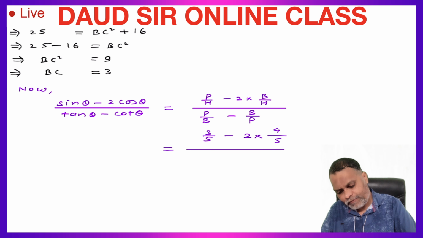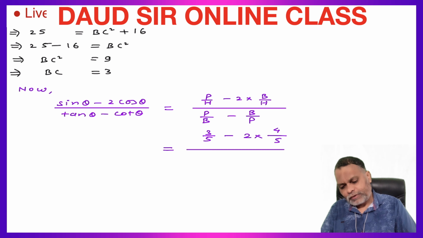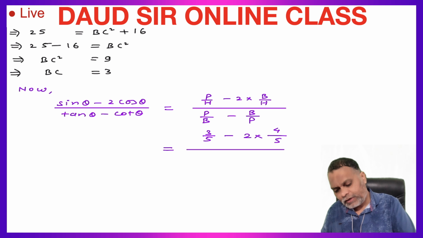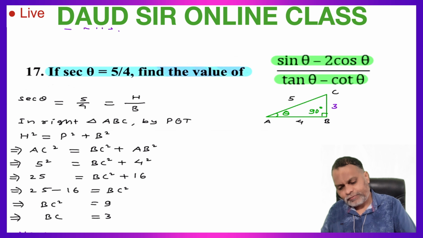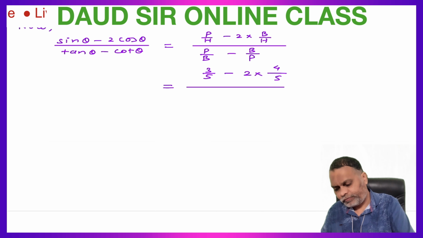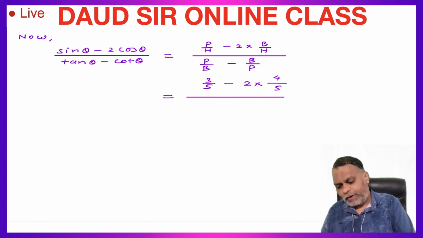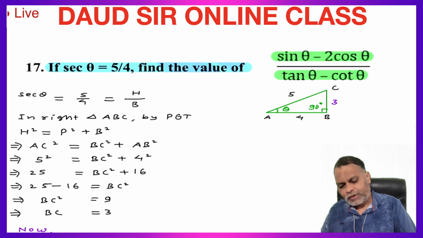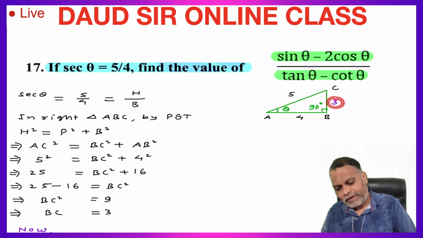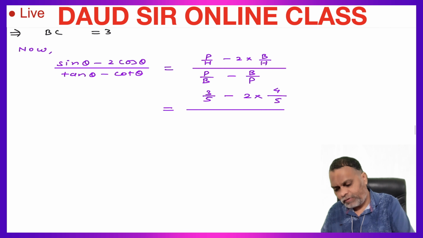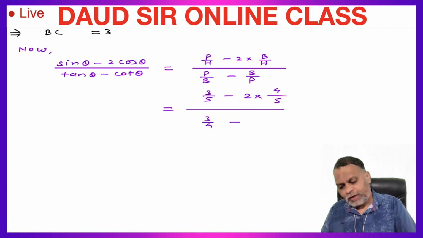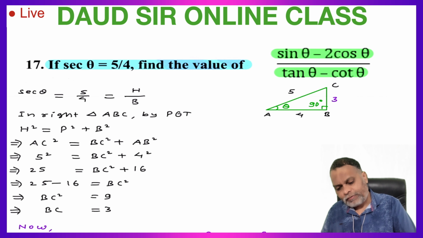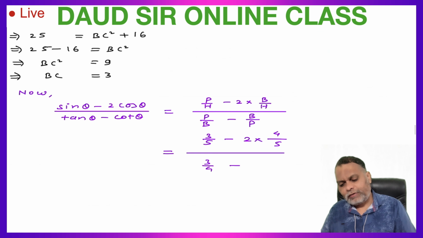And denominator, perpendicular upon base, perpendicular 3 and base 4, so 3 upon 4, minus base upon perpendicular. Base is 4 and perpendicular 3, 4 upon 3.